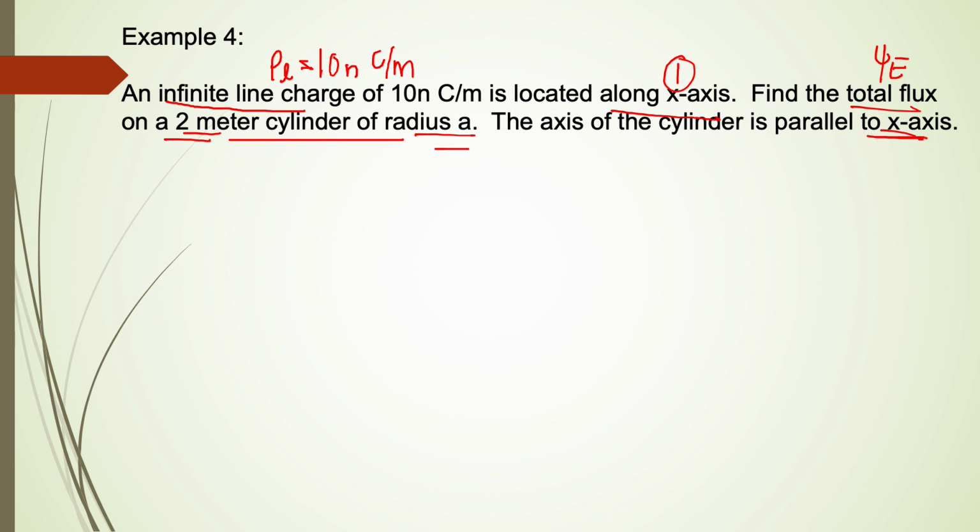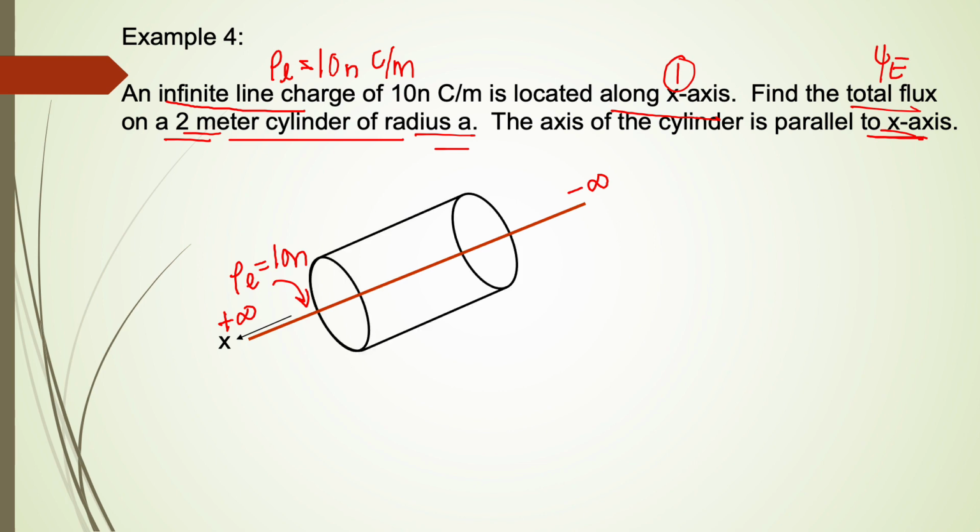If we illustrate this, we have an infinite line charge along the x-axis. This is positive infinity and this is negative infinity, and the value of rho L is given as 10 nano. Then we need to find the total flux, where the surface is a 2-meter cylinder with radius A. We know the radius A is going to be 2 meters.